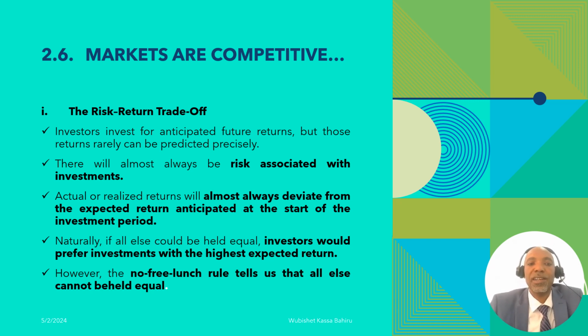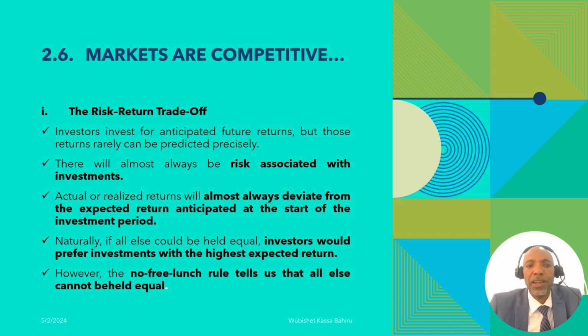But this return can rarely be predicted precisely. Our predictions about the returns of the investments may not always be true. There are always uncertainties in our predictions of the future returns of the investment activity in the capital market.